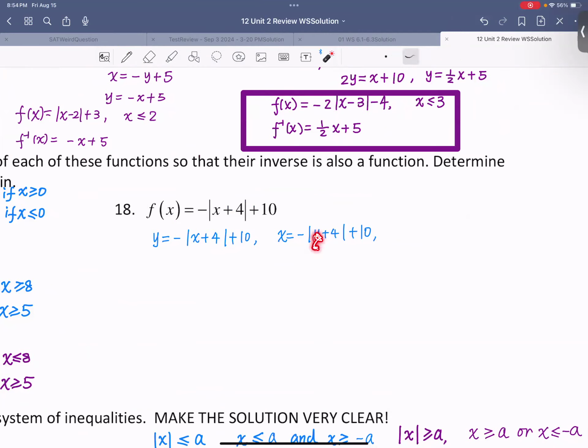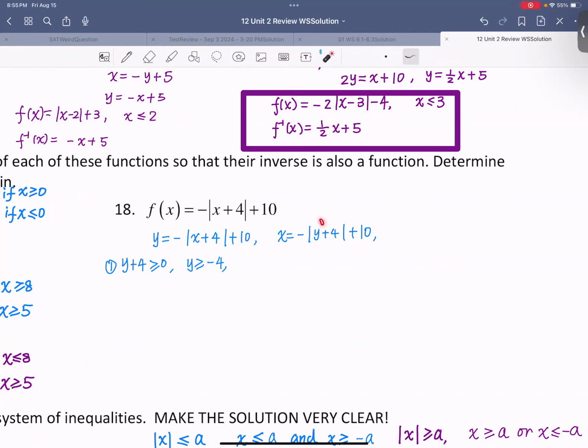You cannot solve this y until you get rid of this. So you cannot have your y yet. So you want to talk about when y plus 4 is greater than or equal to 0. So y is greater than or equal to who? Negative 4, right? Yeah.